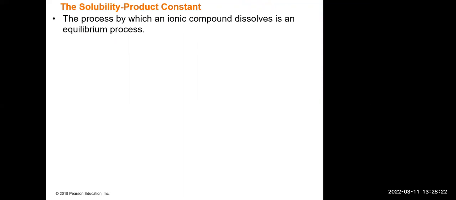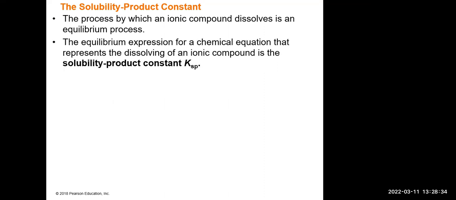And solubility is also an equilibrium process. The process by which an ionic compound dissolves is an equilibrium process. The equilibrium expression for the chemical equation that represents the dissolving of an ionic compound is the solubility product constant. We use K to represent the equilibrium constant. This equilibrium process has a special name called solubility, so we have a special notation for this type of equilibrium process called the K sub SP.